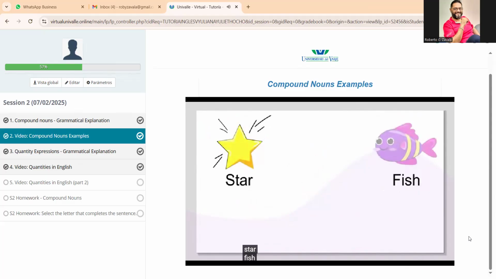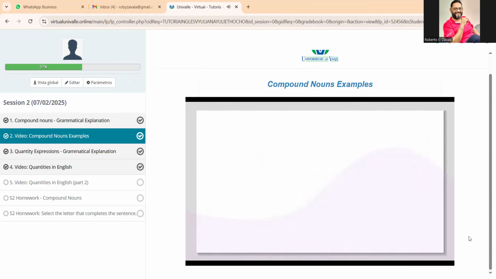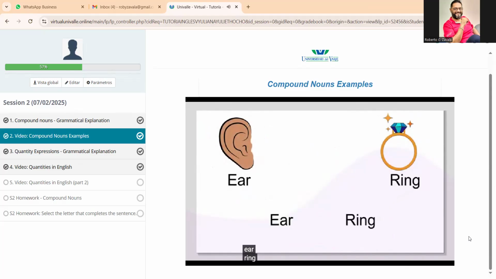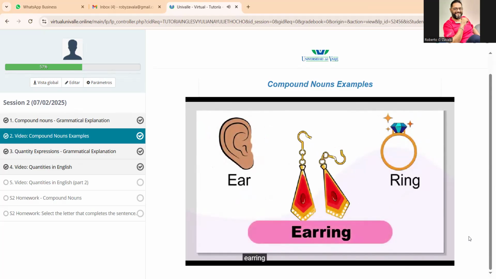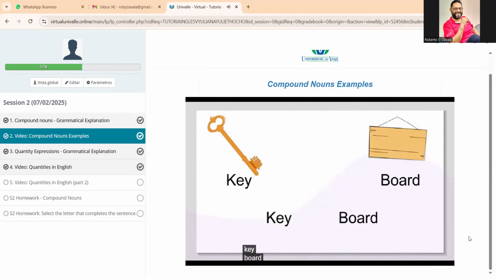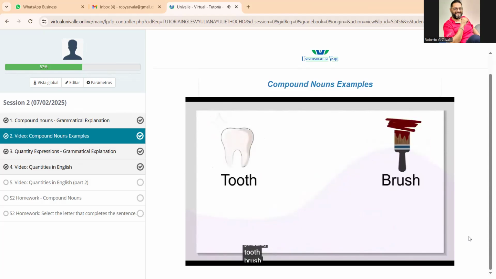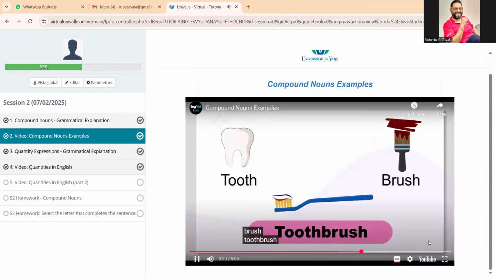Star. Fish. Starfish. Ear. Ring. Earring. Key. Board. Keyboard. Toothbrush. Toothbrush.